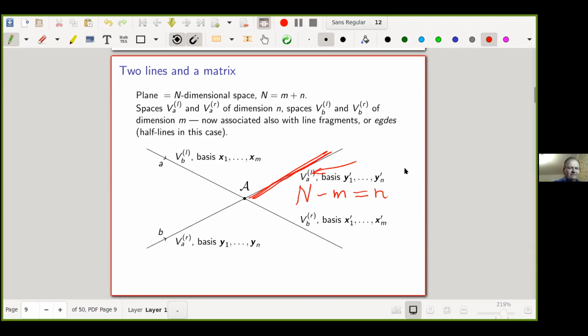Let me color all these fragments in some arbitrary colors. So to all these four fragments correspond some linear spaces, and to this and this linear spaces of dimension m, and to this and this of dimension n.